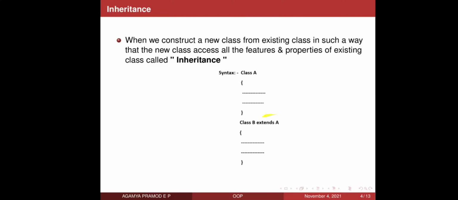In Java, the extends keyword is used to perform inheritance. We can't access the private members of the class through inheritance. The subclass contains all the features of the superclass, so we should create an object of the subclass.